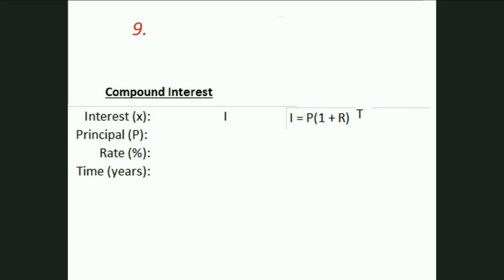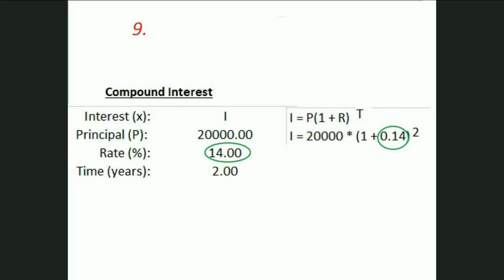Number 9. Again, our principal here is 20,000, our rate is 14, and our time in years is going to be 2. The formula is I equals principal times 1 plus the rate raised to the time. So interest is 20,000 times the quantity 1 plus 0.14 raised to the second. Remember, our rate 14%, if we convert that to a decimal, is 0.14.